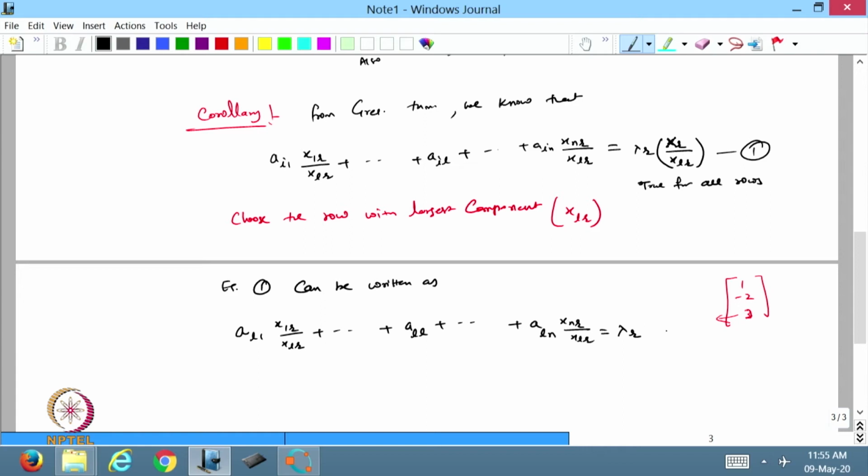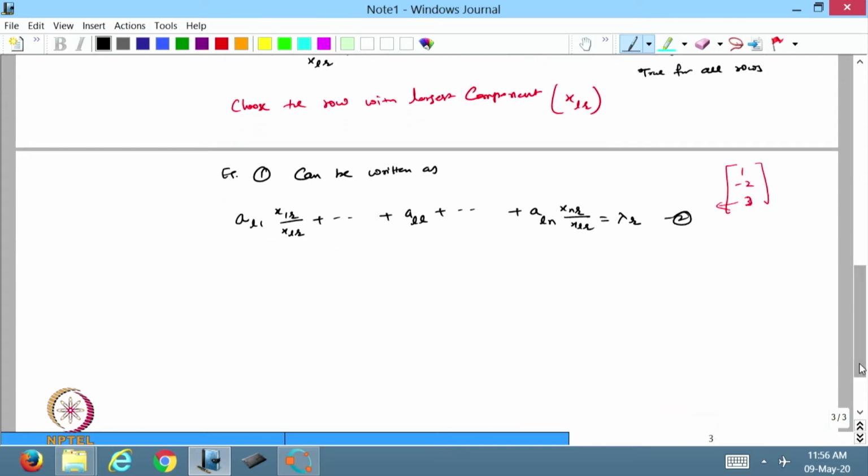So from here I will get this equation, which I just take as equation 2. Now, I take the modulus value. So, I just take the modulus of this.